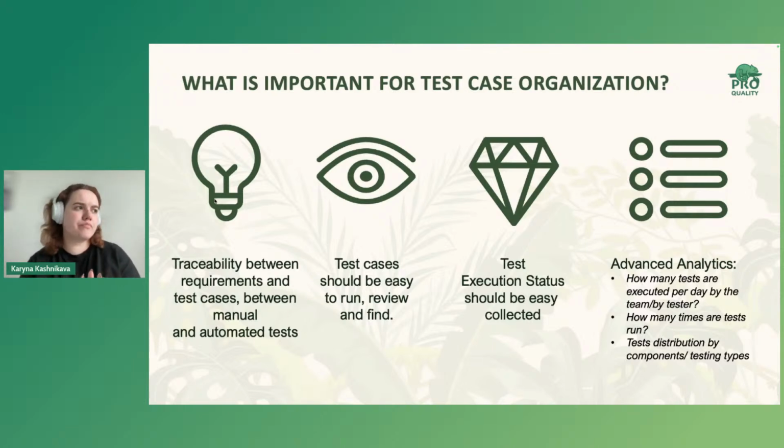Also, I can add several more questions for the analysis, like is it possible to collect information about how many tests are executed per day by the team or by a tester, how many times a test runs. Also, can you get an analysis of test distribution by components and testing types.